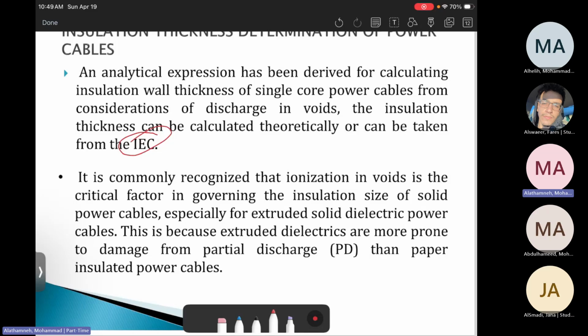So we need to make sure that there will be no ionization in the voids, which impacts the insulation size and can also impact solid dielectric power cables. This is because extruded dielectrics are more prone to damage from partial discharge. That's a very important statement. Extruded dielectrics are more prone to damage from partial discharge than paper insulated power cables.